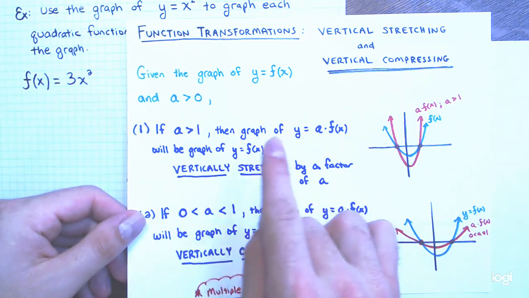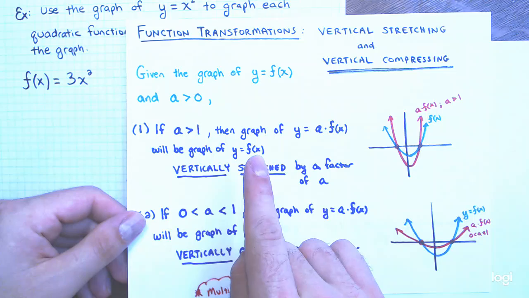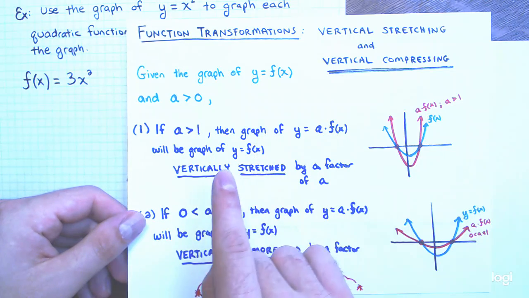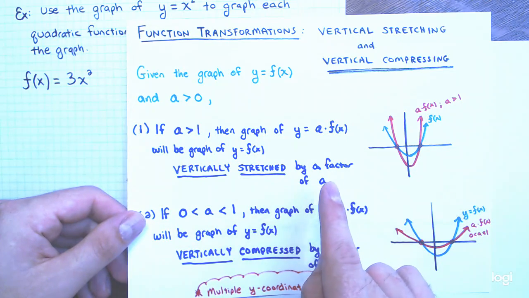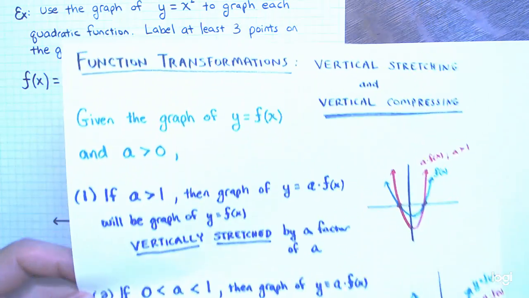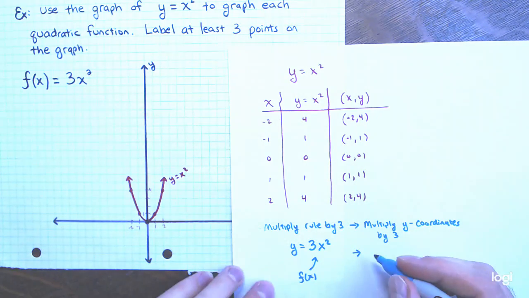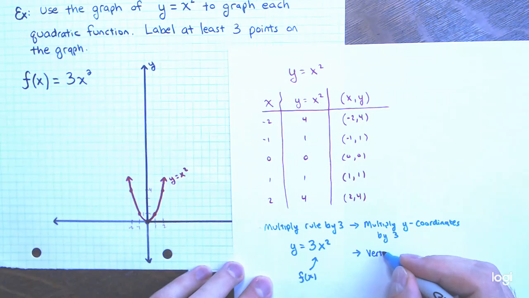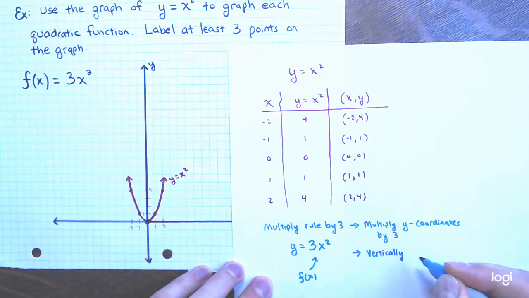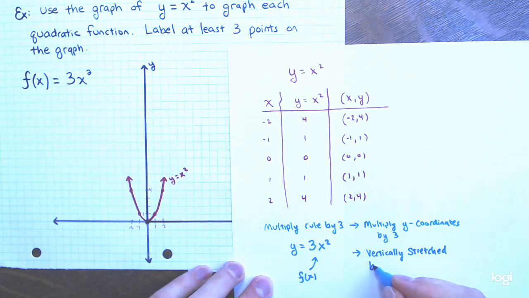So they would say that this new graph is going to be our old graph, y equals x squared, vertically stretched by a factor of 3. So we could say the graph gets vertically stretched by a factor of 3.